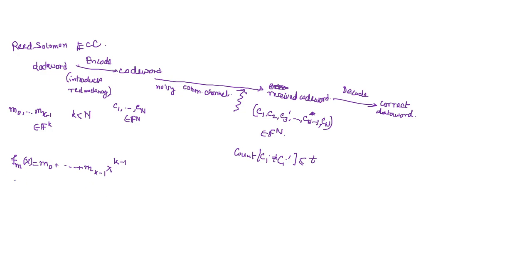Now there are some n publicly known values, right? And you basically evaluate your message encoding polynomial at those values.